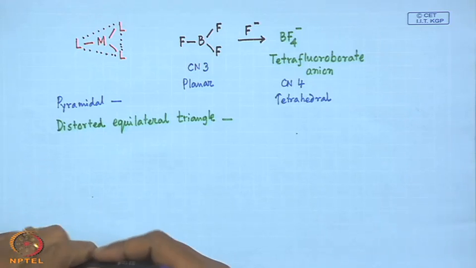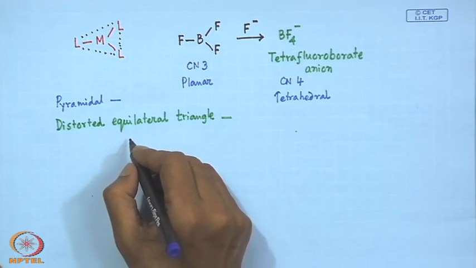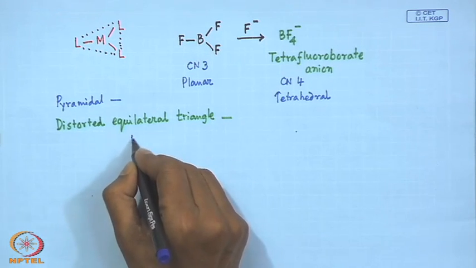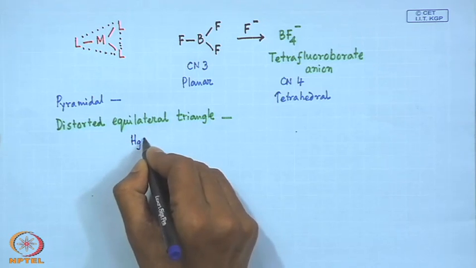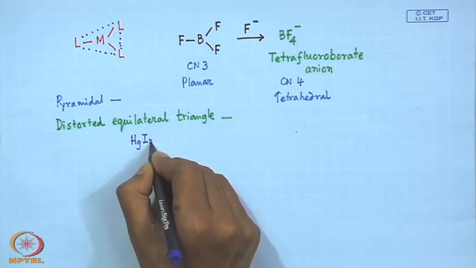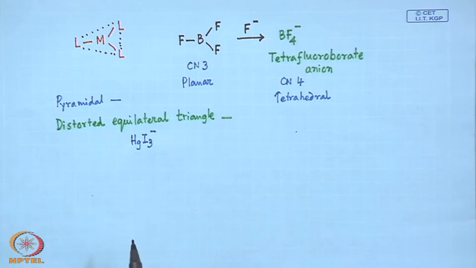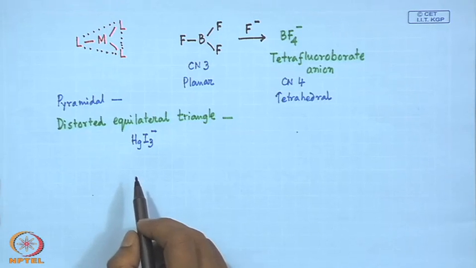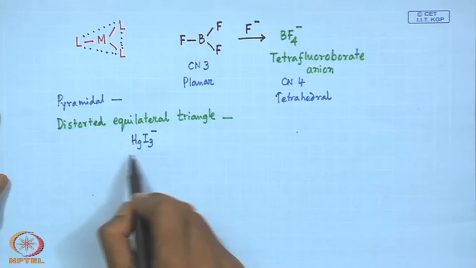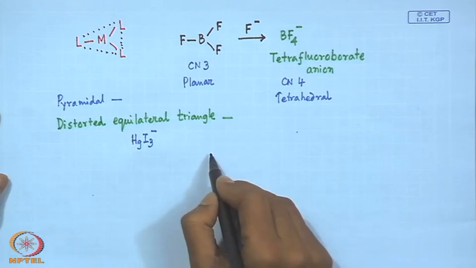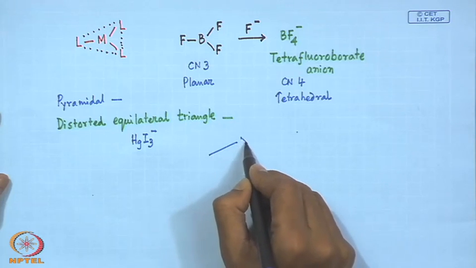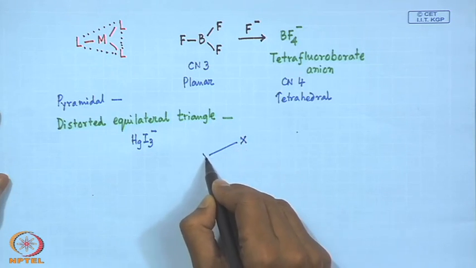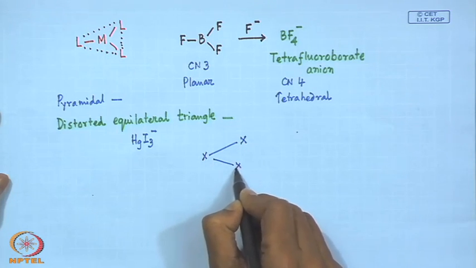And these are also possible with silver triiodide, AgI3 minus, which gives a distorted equilateral triangle geometry. Or sometimes in a particular case it is moving from the planar structure which we can have with the 3 ligands.